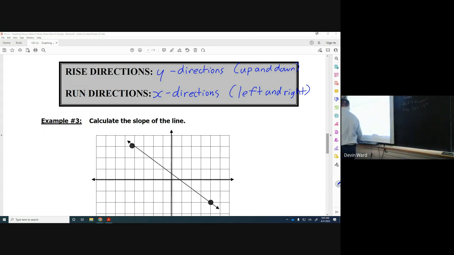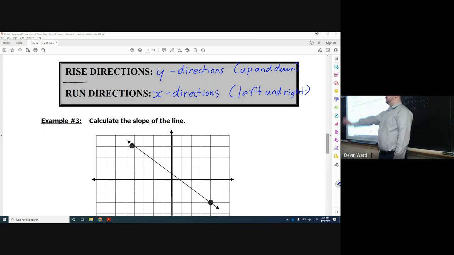And then remember, it's always rise over run. So it's how high you're jumping or how low you're going, divided by how far you go.